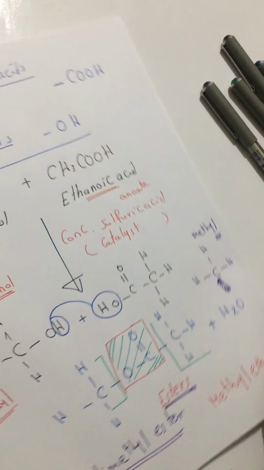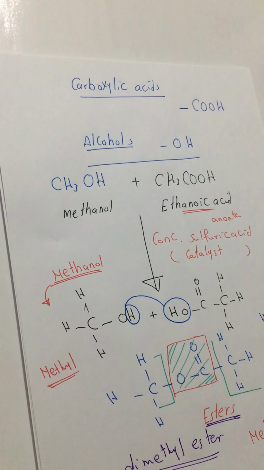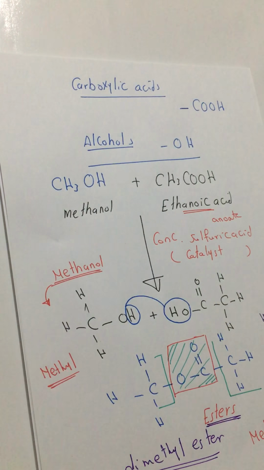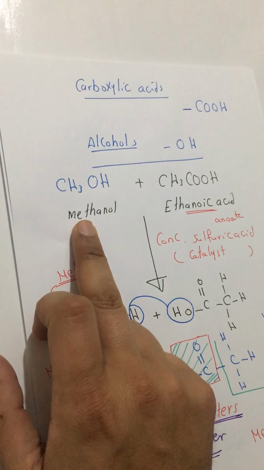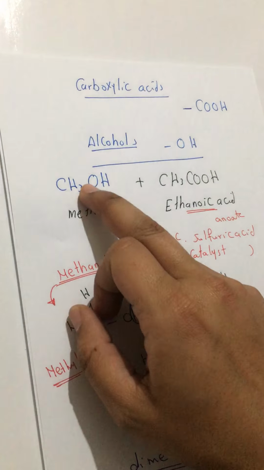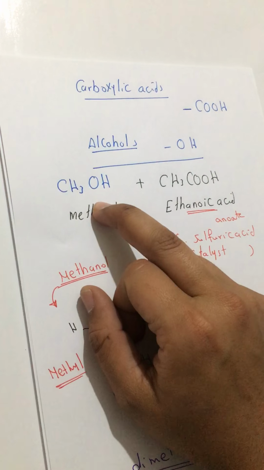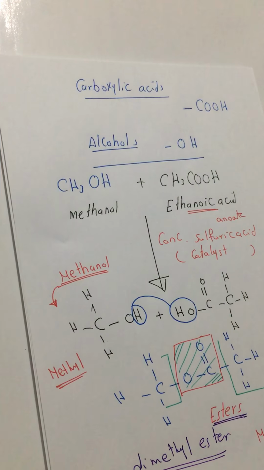So whenever you have an ester and you want to name it, look for the alcohol you have. If it's methanol, when it turns to be an ester, it turns to be methyl. If it's ethanol, it would be ethyl. If it's propanol, it would be propyl. If it's butanol, it would be butyl, when we remove the hydrogen.